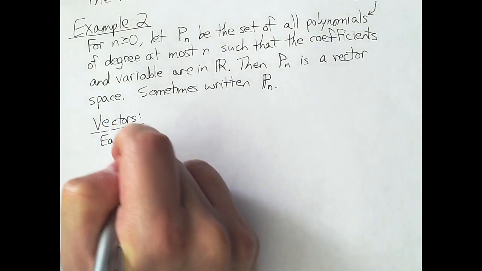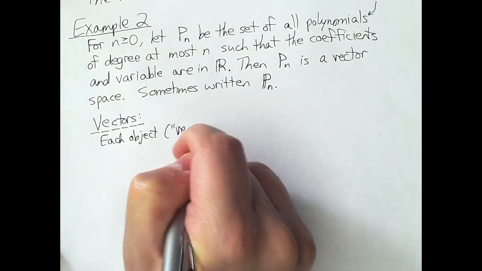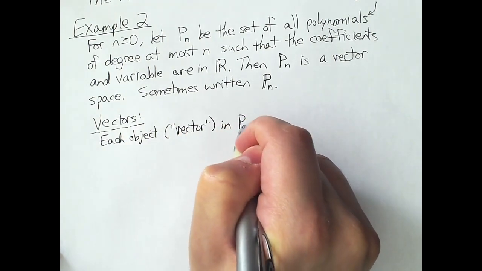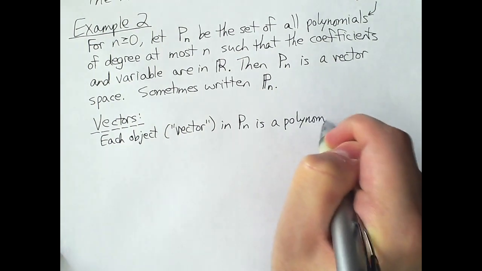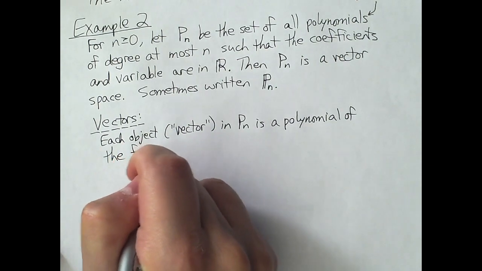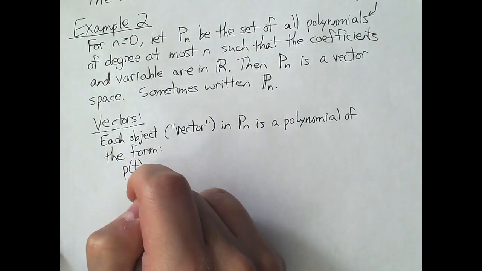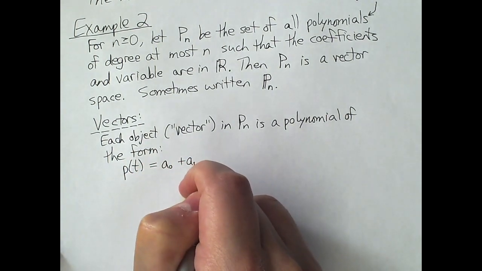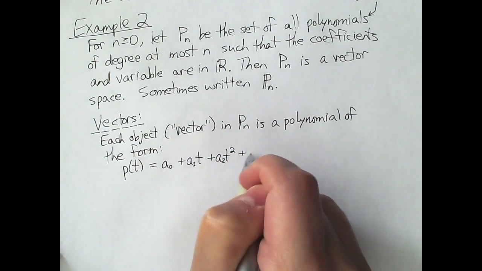So each object, in parentheses I'll say vector, in this set is a polynomial of the form, I'm going to call it p of t equals a sub 0 plus a sub 1 t plus a sub 2 t squared plus dot dot dot.